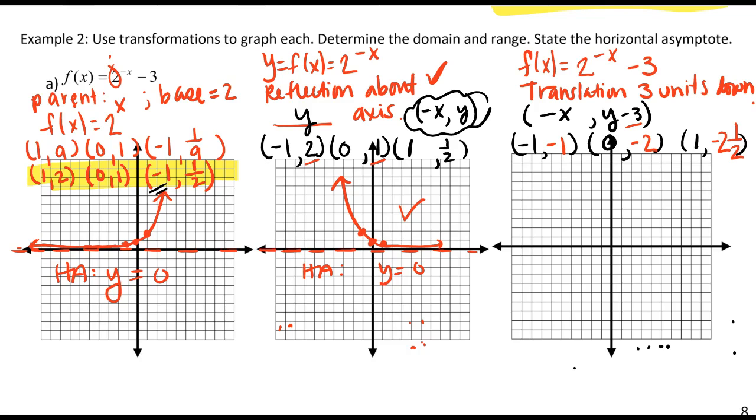Now, because we are translating down 3 units, your horizontal asymptote has to go down as well. So HA, y equals negative 3. Okay, so let's plot the points. Here we go. Negative 1 is now at negative 1. 0 is at negative 2. Positive 1 is at negative 2.5.